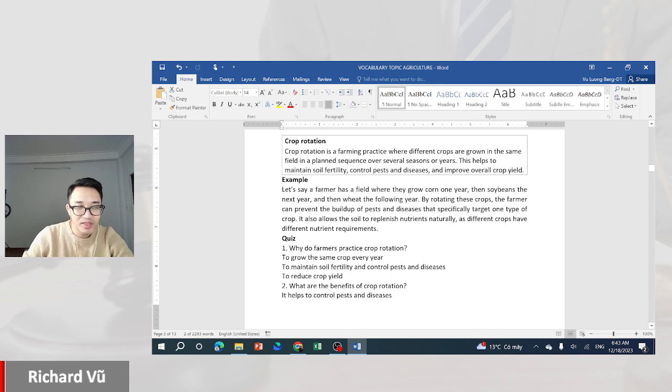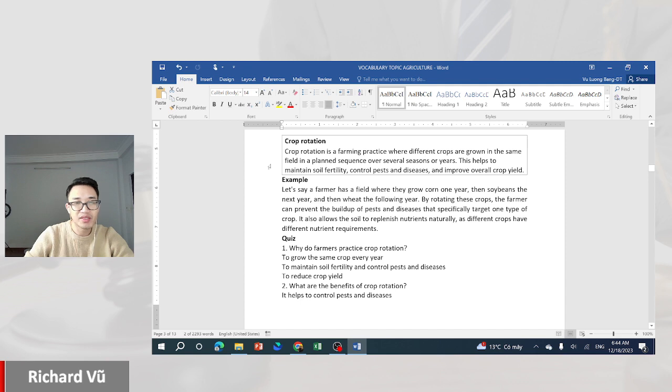Let's move on. The next word here, crop rotation. Crop rotation is a farming practice where different crops are grown in the same field in a planned sequence over several seasons of the year.